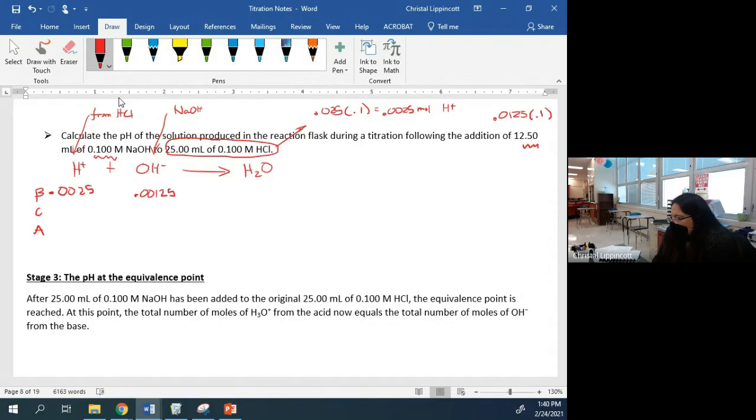Which is going to be my limiting reactant, my hydroxide or my hydrogen? My hydroxide. I have less of this than I do of this. So I'm going to use all of this up, having none remain, and I'm going to use up 0.00125 of this, and I'm going to have 0.00125 remaining. Now these are moles.